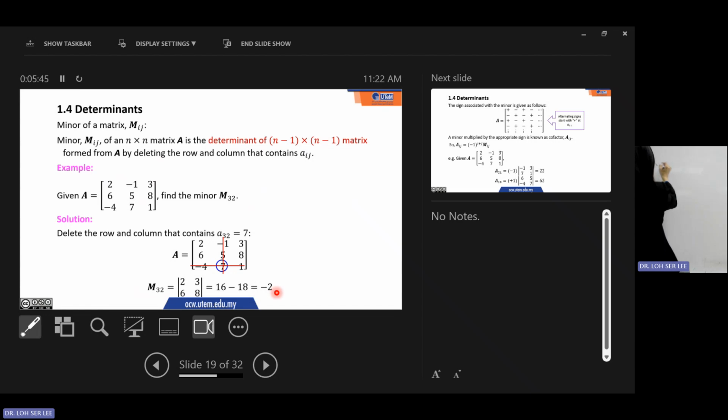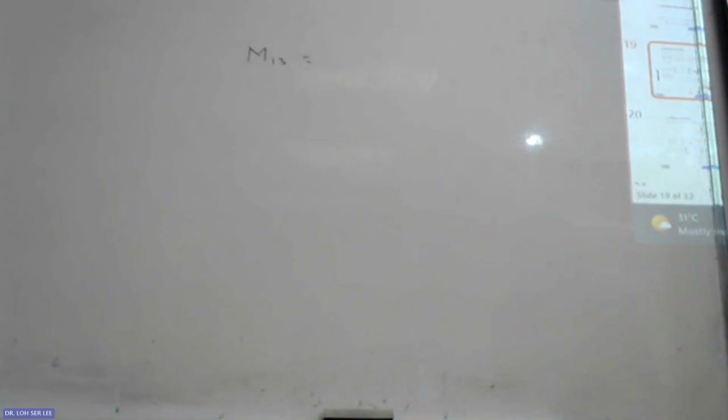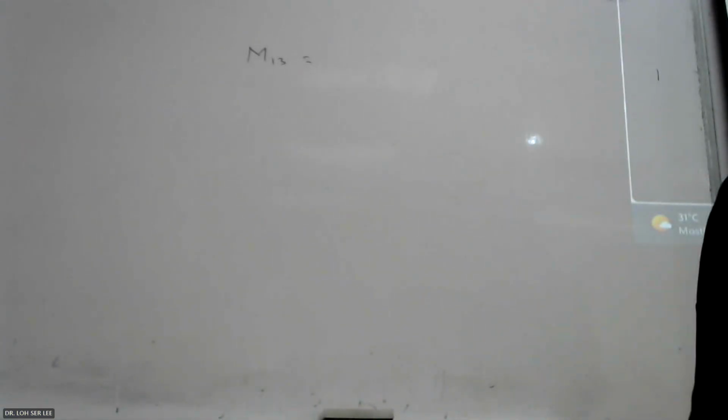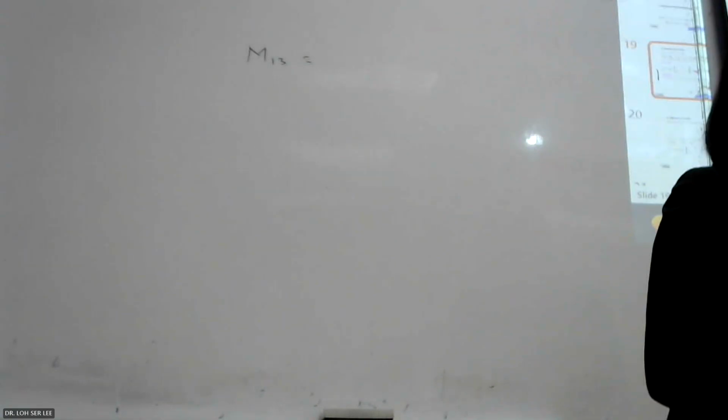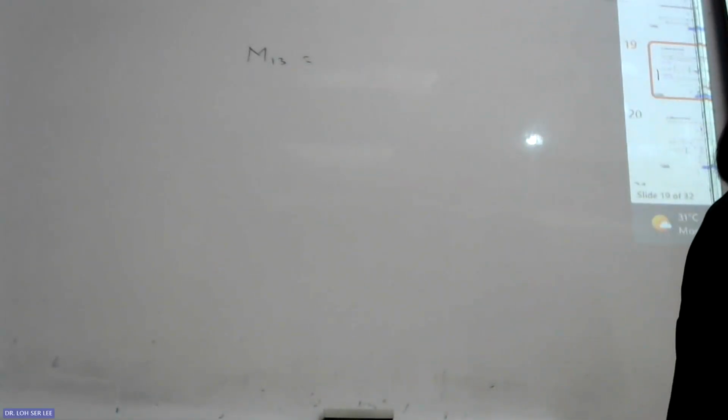Minor of 1, 3. The entry of 1, 3 is the number 3, right? Okay, the number 3. So number 3, this is the one.